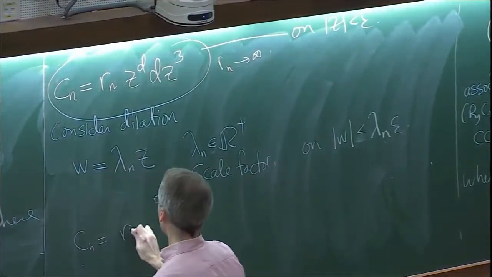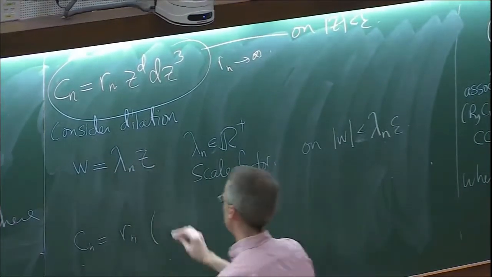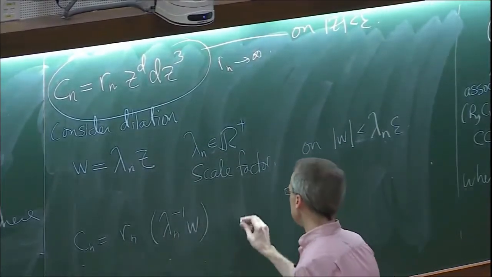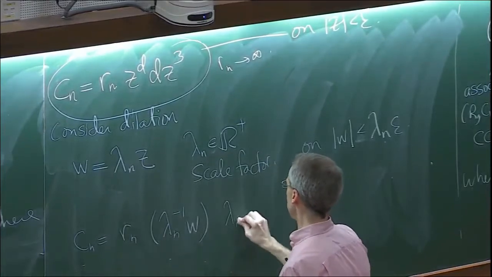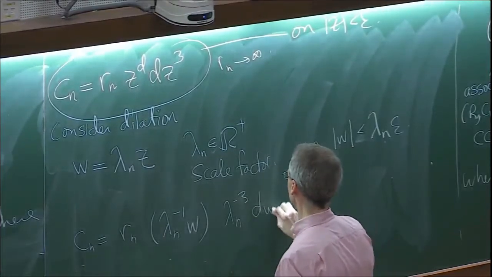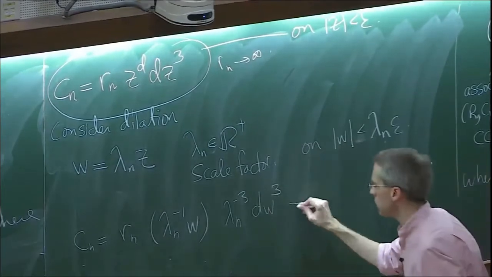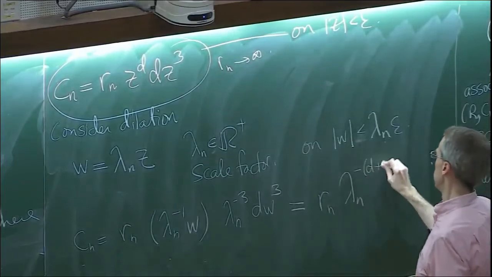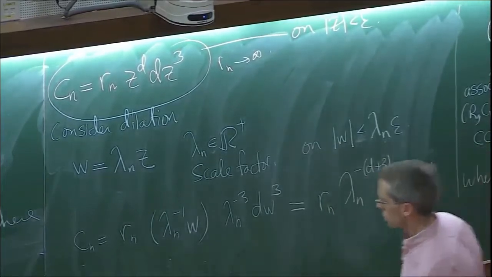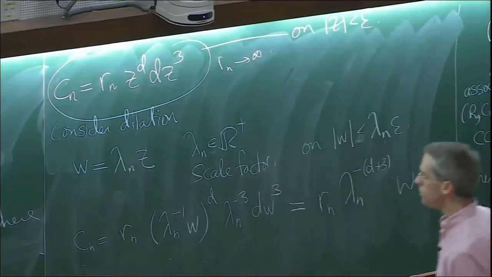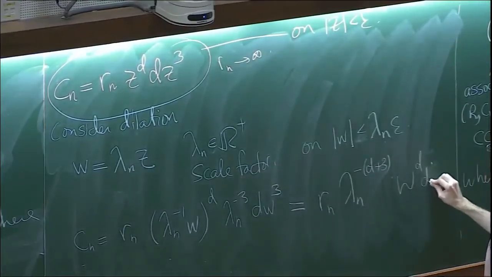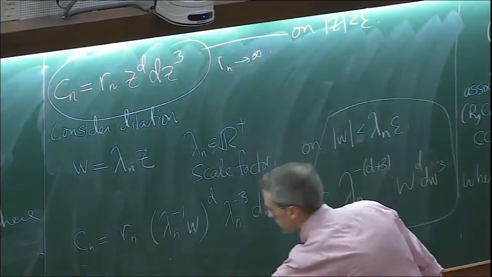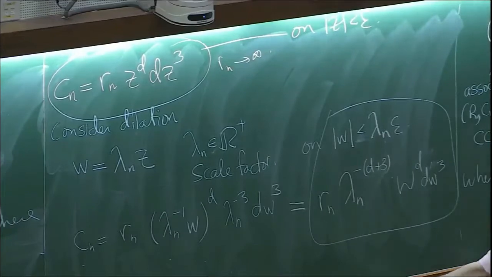Cn is then Rn times, Z is lambda n inverse W, and dz is lambda n inverse times dw. So at the end, you just get Rn times lambda n to the negative d plus 3. Oops, I forgot it. Added d. W to the d, dw cubed. And this is going to tell us what scale factor we should use.